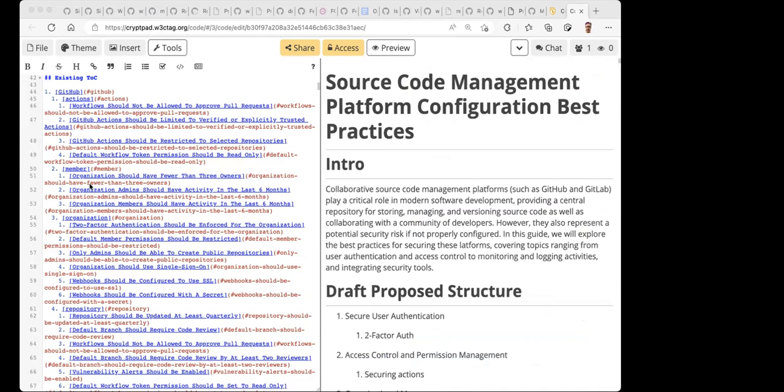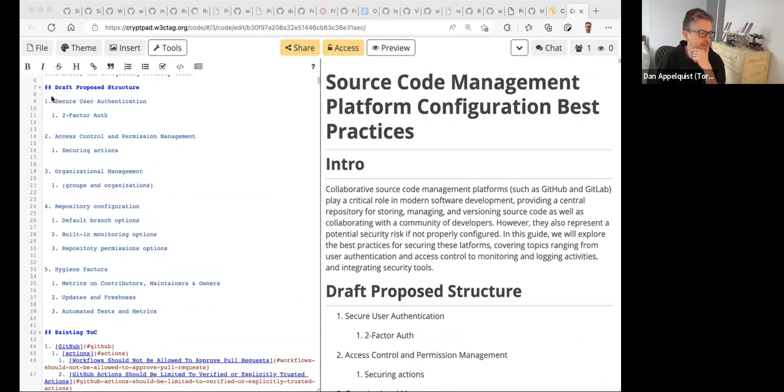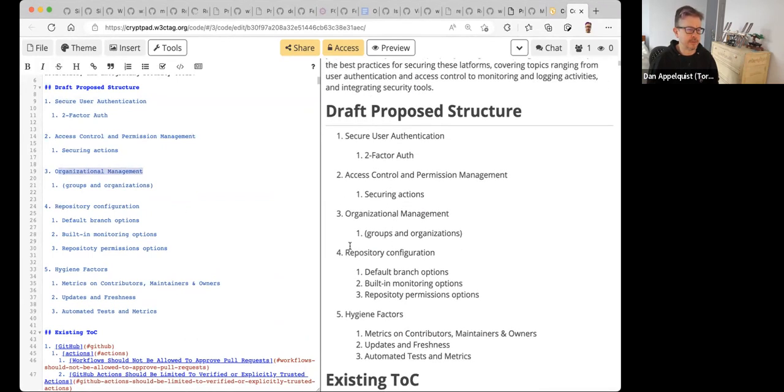and then I took a stab at putting together a set of high level sections, which would unify the document a little bit. So something around access control and permission, secure user authentication, maybe then organizational management, repository configuration, and other hygiene factors, right?